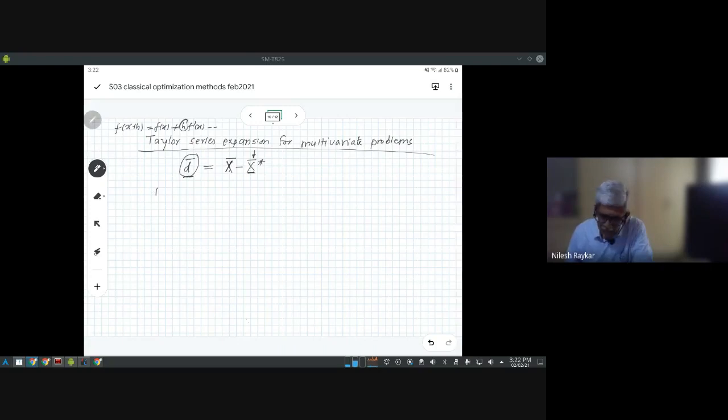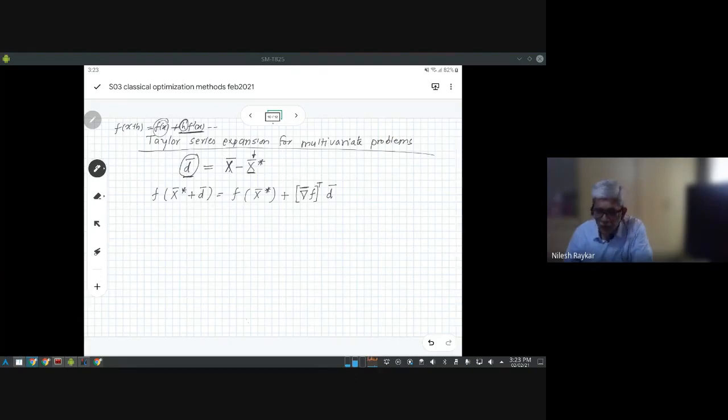The Taylor series expansion would be given as f of x bar star plus d bar is given as f of x bar star. That is similar to the term we had there. Plus, the first product is replaced by del f transpose, the transpose of the gradient vector, multiplied by d bar.